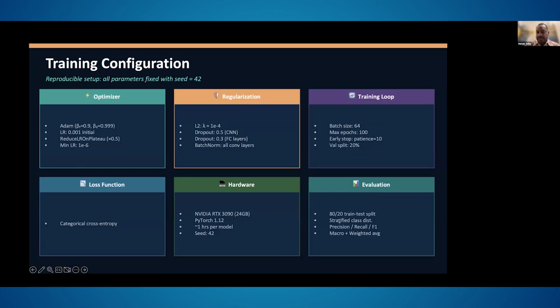Training is done with an 80-20 training test split. We used precision, recall and F1 as output metrics, and additionally we used macro weighted average.